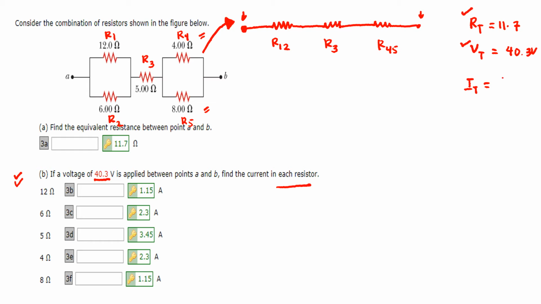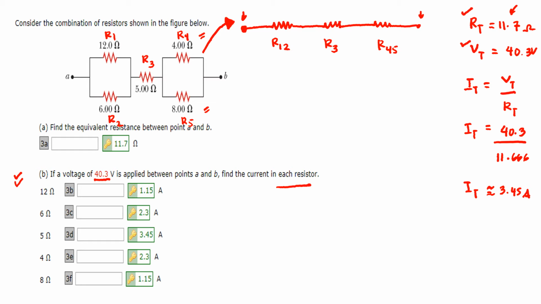So total current is just equal to total voltage divided by the equivalent resistance, and here our total current is equal to 40.3 divided by 11.7 ohms (in fact it was actually 11.6666, so we rounded it off to 11.7 ohms), and therefore our total current is approximately equal to 3.45 amps.